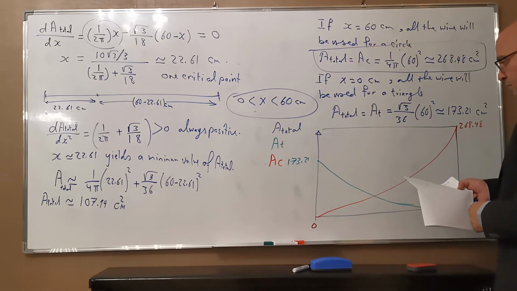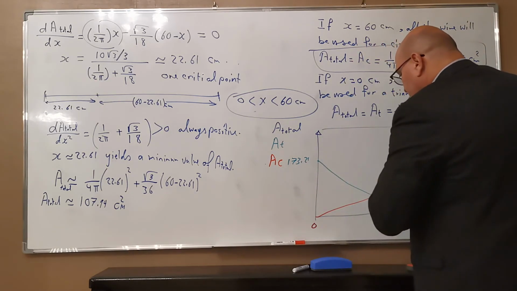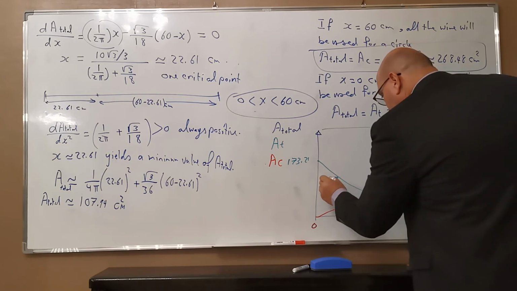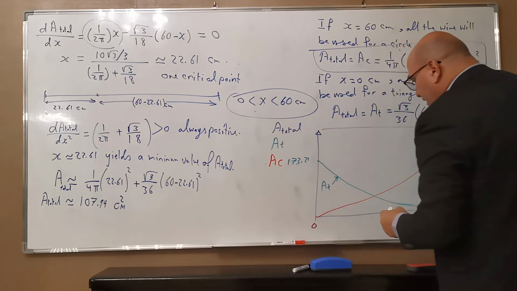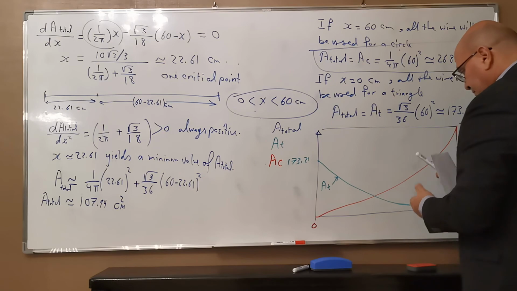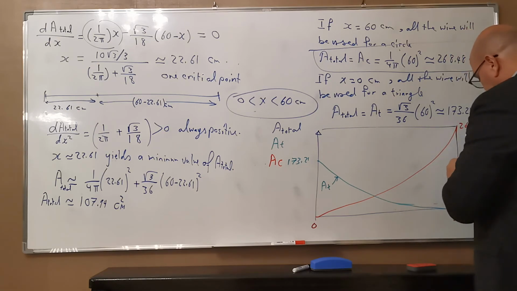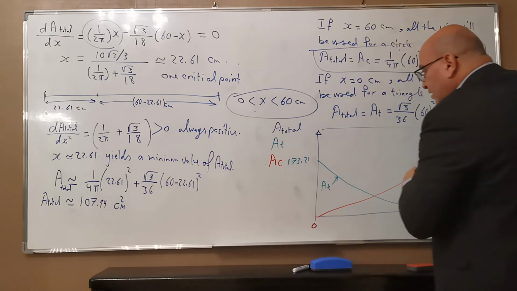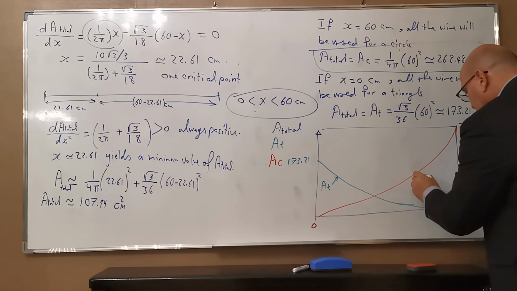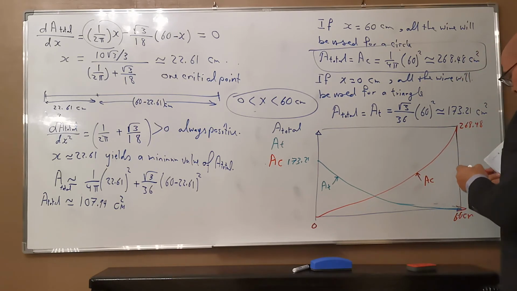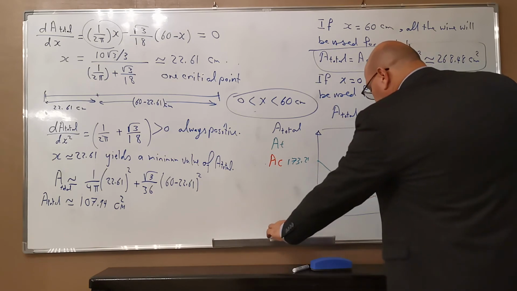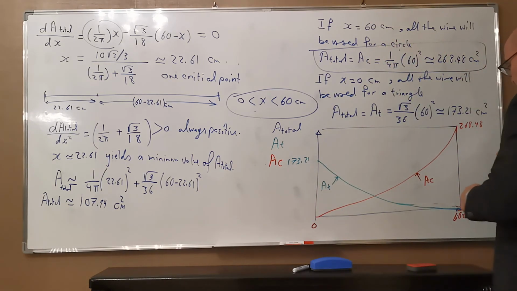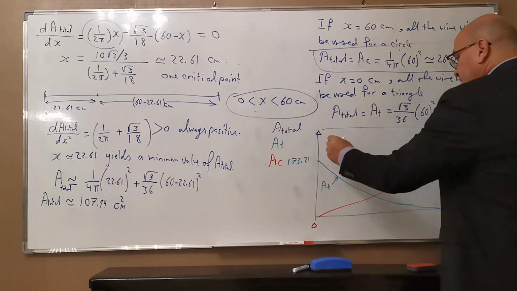So this is the triangular curve of area as a function of x. This one in red is AC, the circle area, and their addition will be something like this.